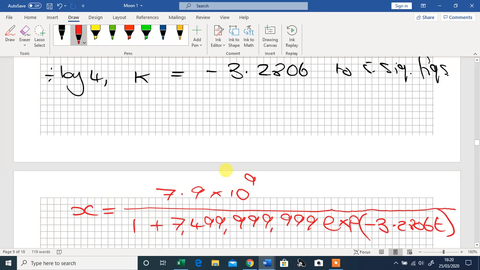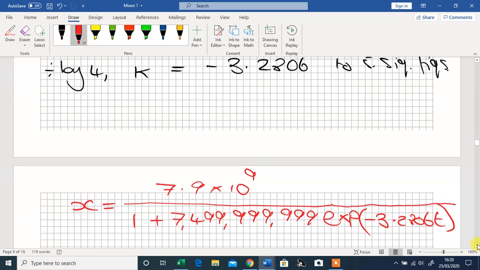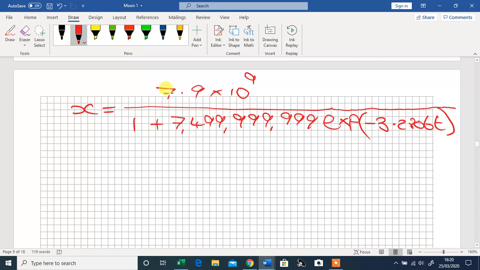Of course, I was actually going to write it in blue, in a form that you might be more familiar with in terms of that exponential.